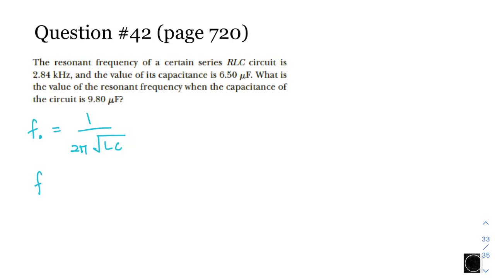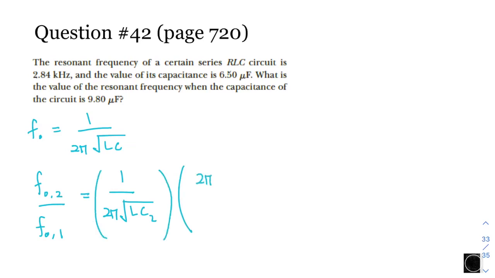F0 natural frequency of situation 2 over F0 of situation 1 is equivalent to 1 over 2 pi square root LC2, times 2 pi square root LC1 over 1. So we can simplify this, right?